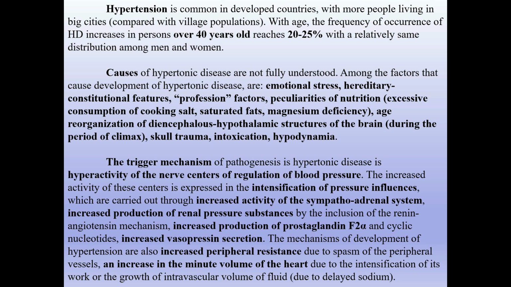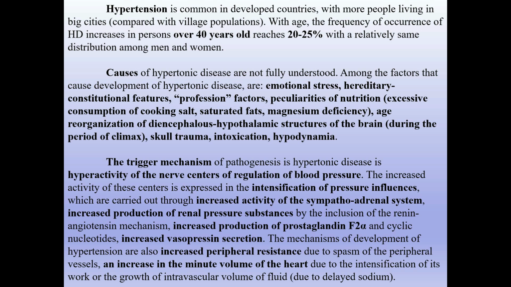The trigger mechanism of pathogenesis in hypertonic disease is hyperactivity of the nerve centers of regulation of blood pressure. The increased activity of these centers is expressed in the intensification of pressor influences, which are carried out through increased activity of the sympathoadrenal system, increased production of renal pressor substances by the inclusion of the renin-angiotensin mechanism, increased production of prostaglandin F2 alpha and cyclic nucleotides, and increased vasopressin secretion.